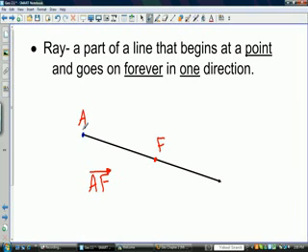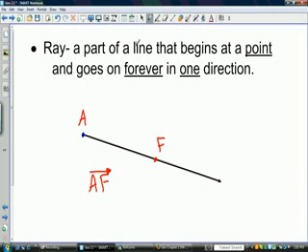Now the point where the ray starts is always on the left-hand side when we're naming it. And then F, of course, would have to be on the right-hand side. Notice we draw, starting from A, goes through F with an arrow.